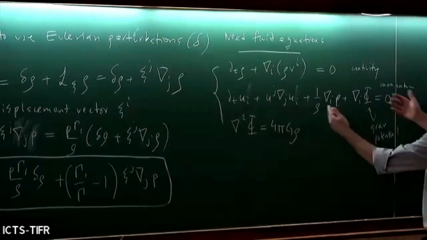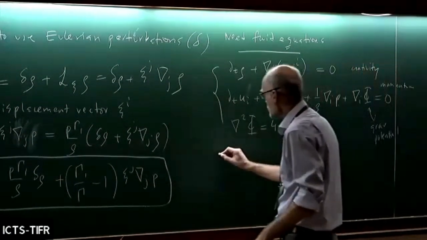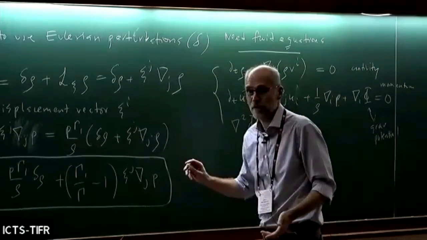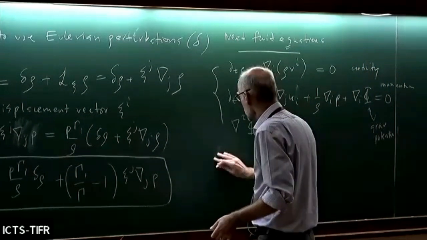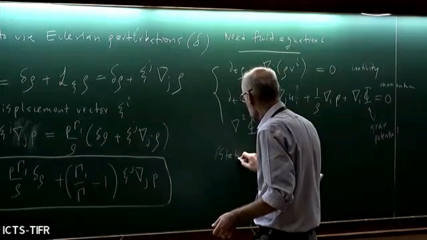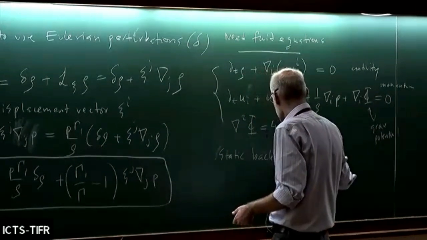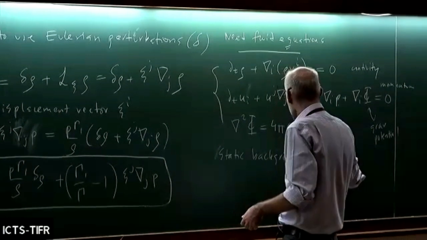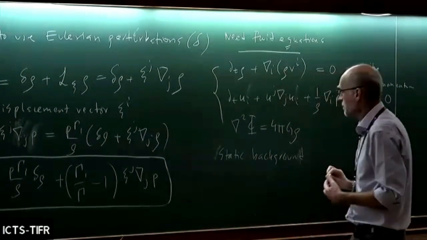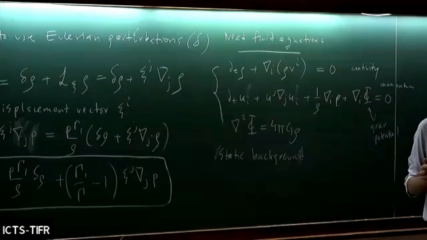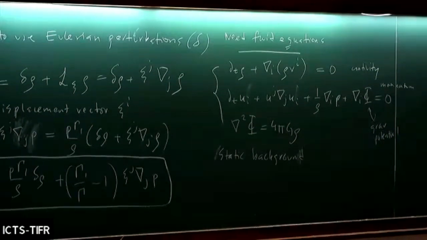And so then I need to perturb these, right? And we don't want to make this hard. We're going to assume that the background is static, because it's easy. And then we're going to perturb these guys.